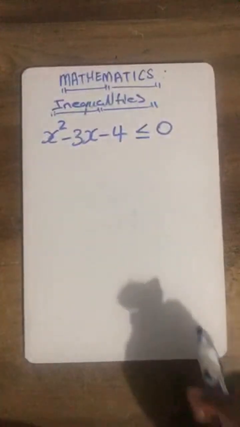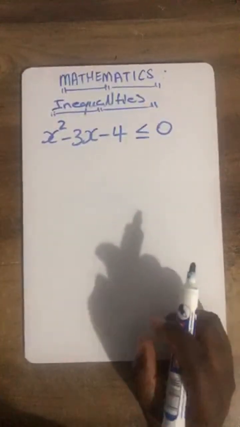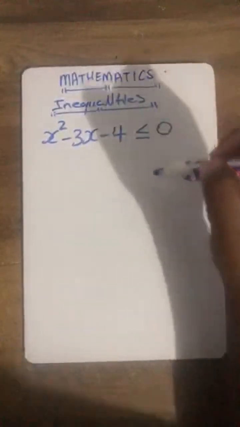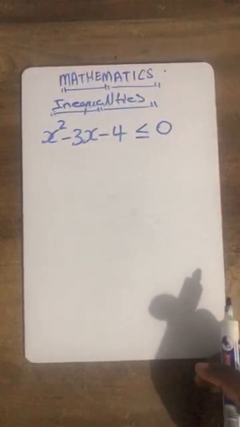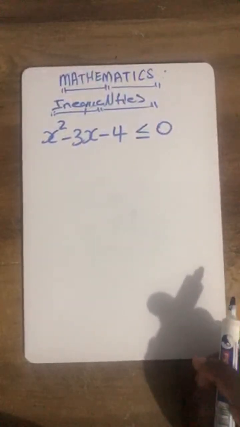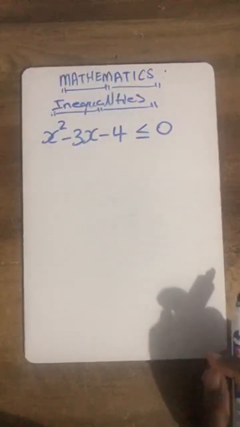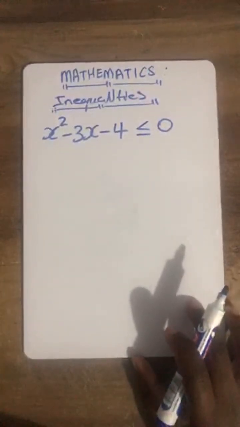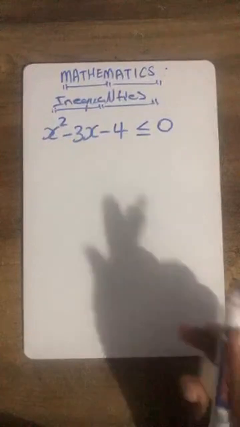So let's see. Remember guys, you need to be aware that you are dealing with an inequality because of that inequality sign. Most importantly, you need to make sure that it is in the standard form. Once it's in the standard form, the next step is to factorize.